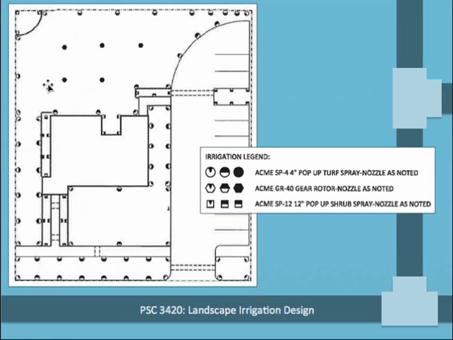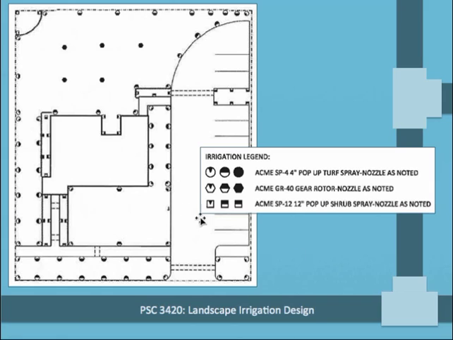But you're going to want to be looking at actual product information and making decisions about what products could work for you. You're going to look in particular at this point at radius of throw. So is the spray from here going to reach all the way to the next one and vice versa? How about over here? Is the spray from this sprinkler going to reach all the way here and vice versa? And you're going to be deciding on which sprinklers make the most sense for these different areas.